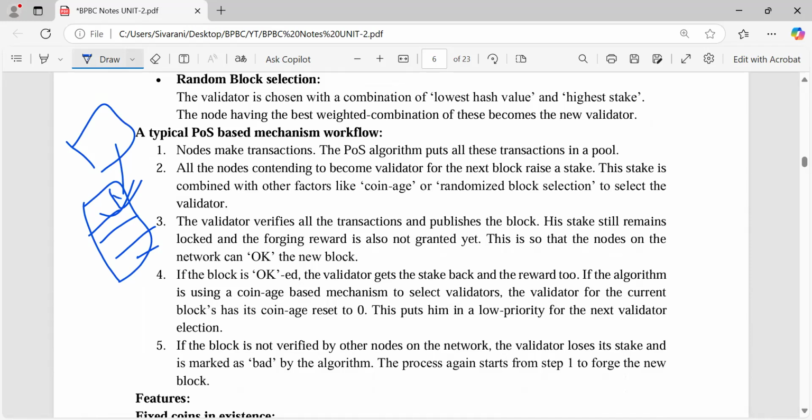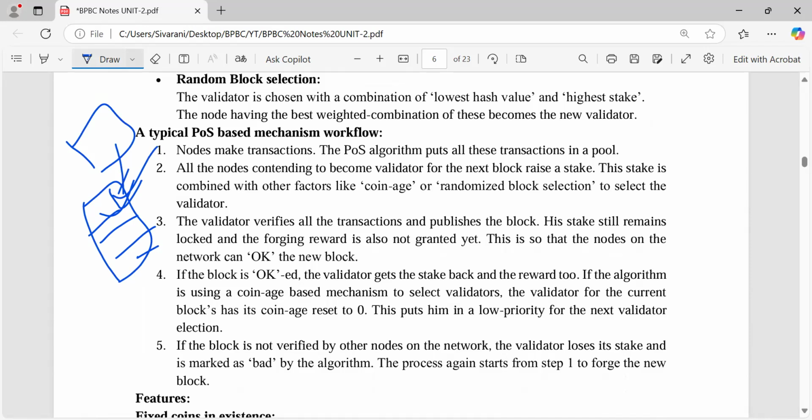Suppose we prefer coin age: the one who is most aged, meaning most weighted to validate that block, he or she, the miner, will get the chance. Otherwise, if we use randomized block selection, one miner will get the chance to prove that stake.